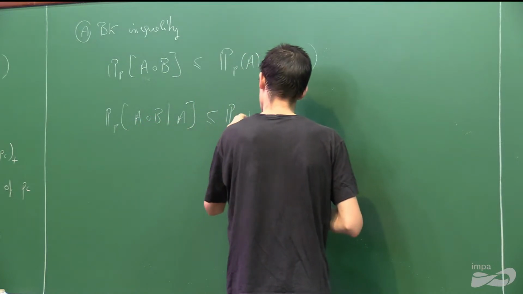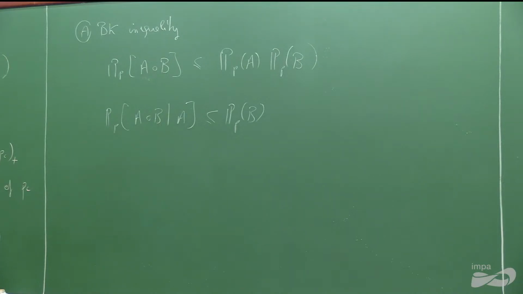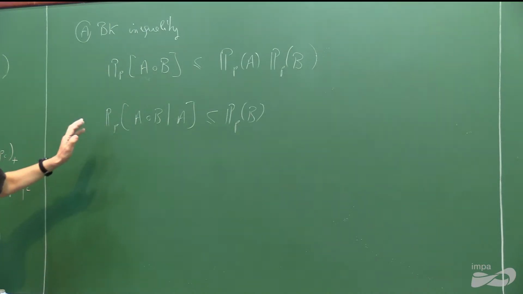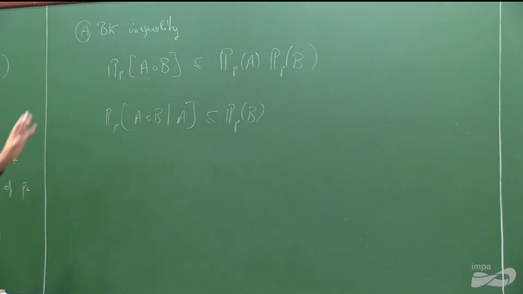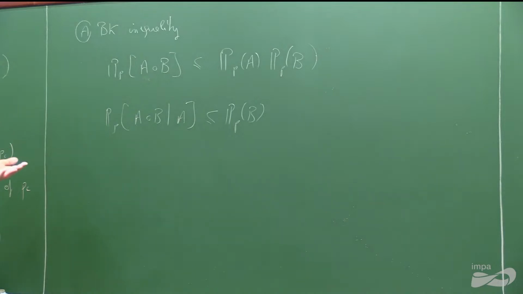Once A is satisfied, it doesn't help you, because you're not allowed to use the open edges that you've seen to satisfy A. This is where the intuition is, and it is not really clear how this intuition matches with the proof, but I think there is no proof that is really built on this intuition.